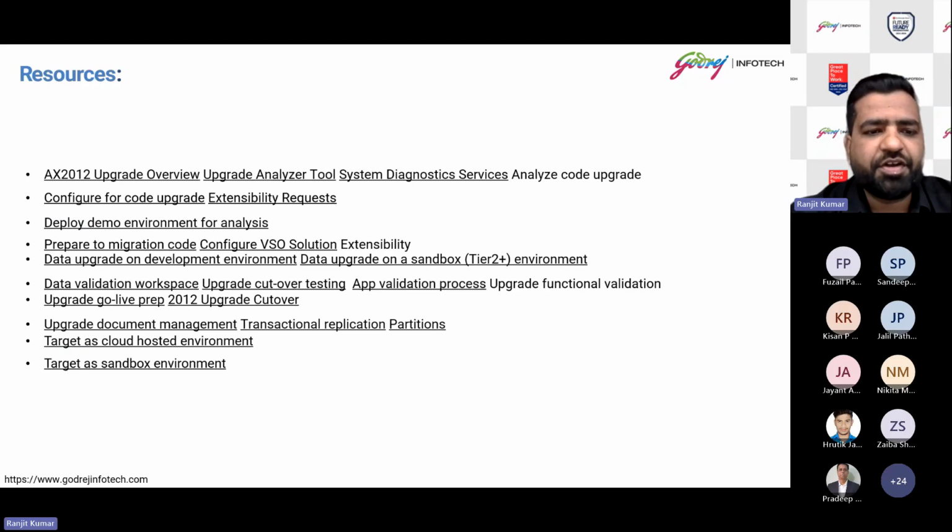Here I have pointed out some Microsoft recommended resources, which will help you during your upgrade process, like upgrade management and creation of sandbox environment, preparation of migration. These links will help you during your code upgrade, data upgrade, and final upgrade process.